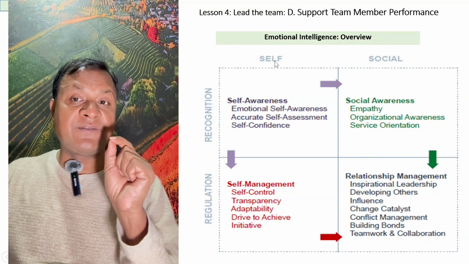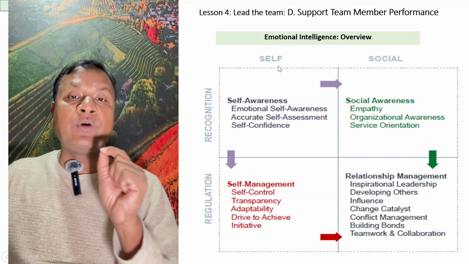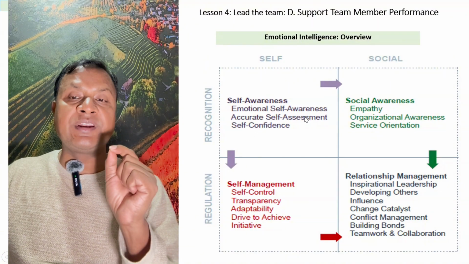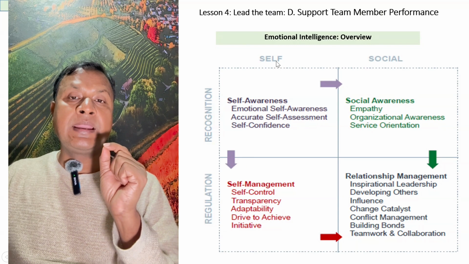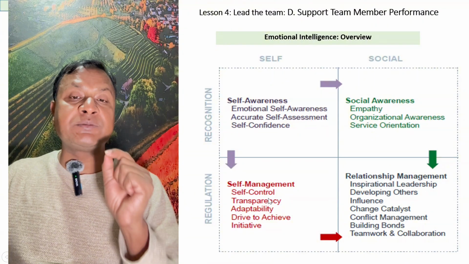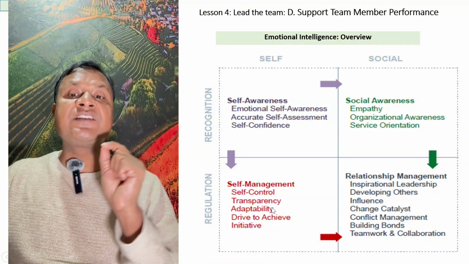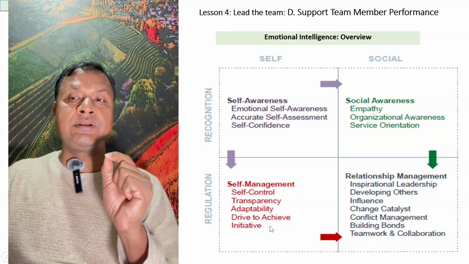First focus on self. For self-recognition, we have emotional self-awareness, accurate self-assessment, and self-confidence. For self-regulation, we have self-control, transparency, adaptability, and drive to achieve initiative.